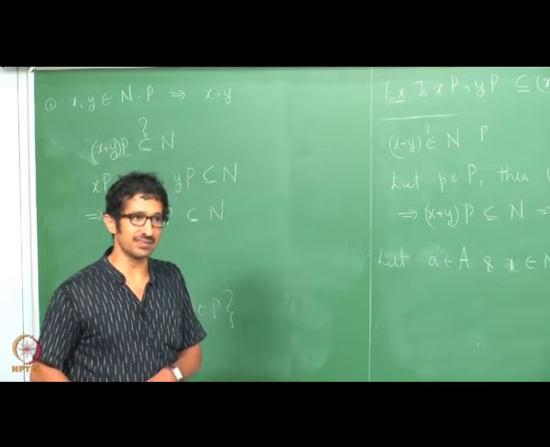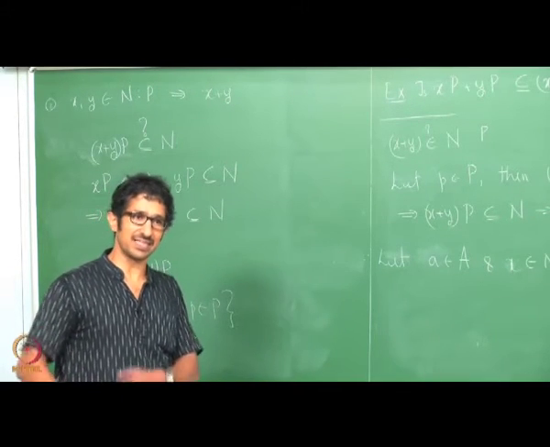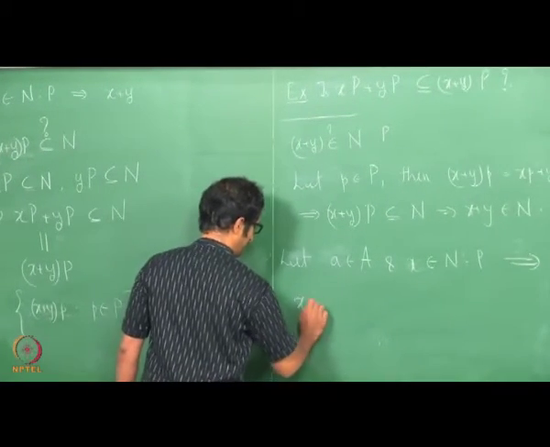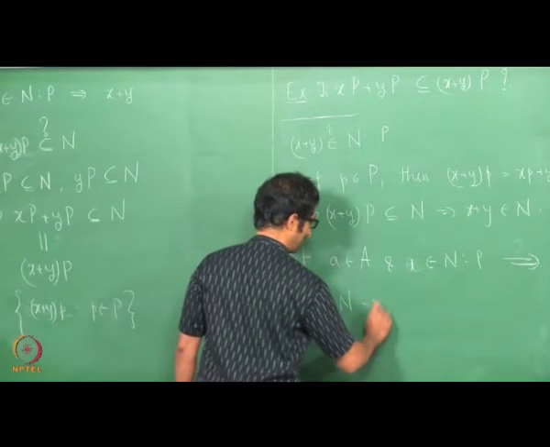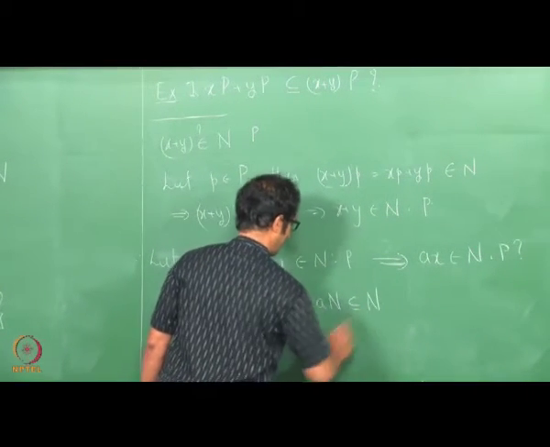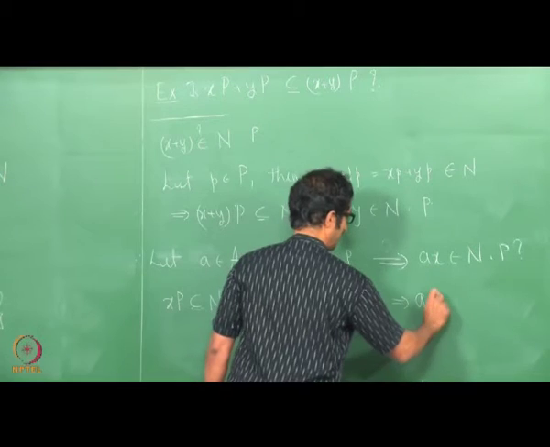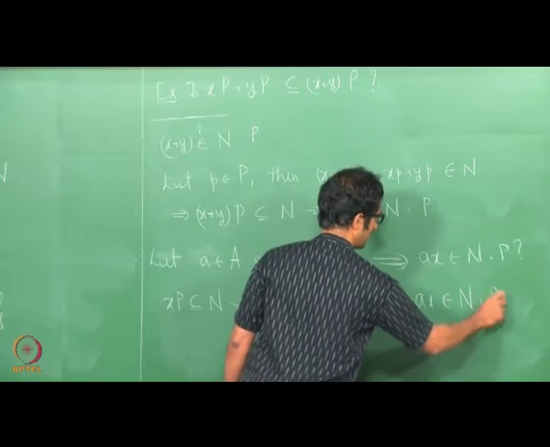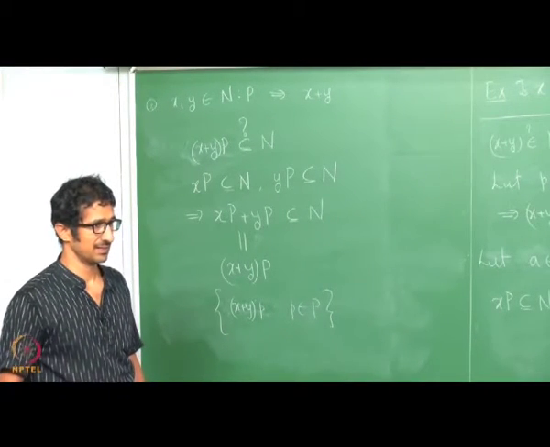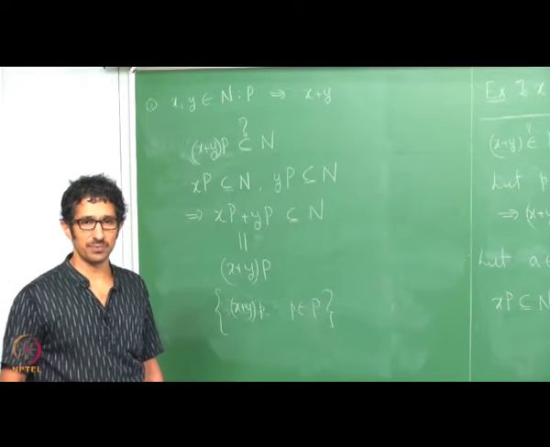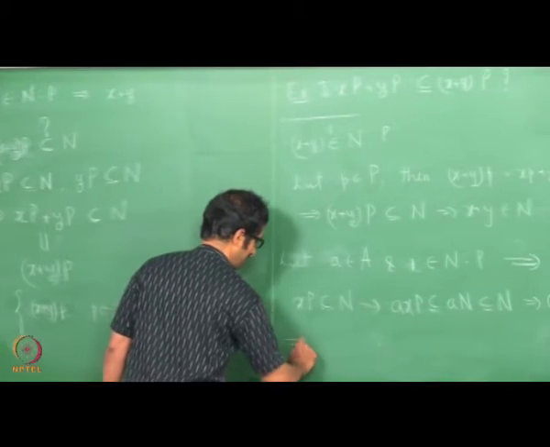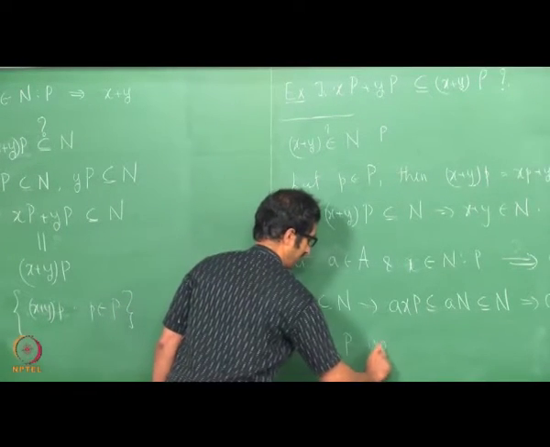Therefore, axP is contained in aN, which is contained in n. Therefore, ax is contained in n colon p. So, what have we proved? N colon p is an ideal.